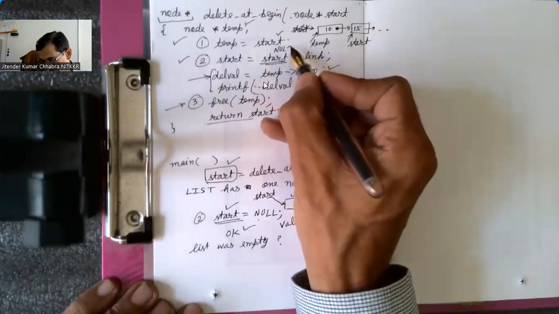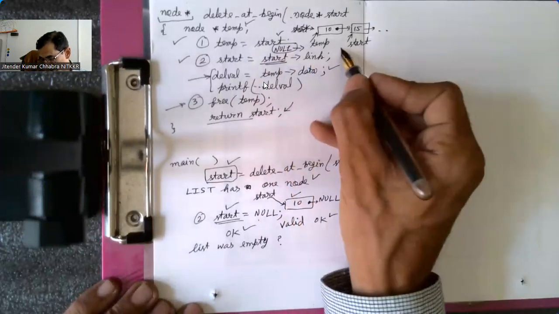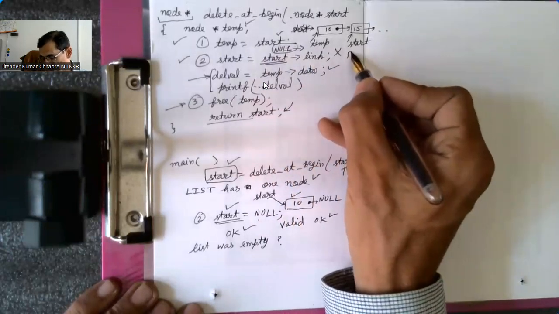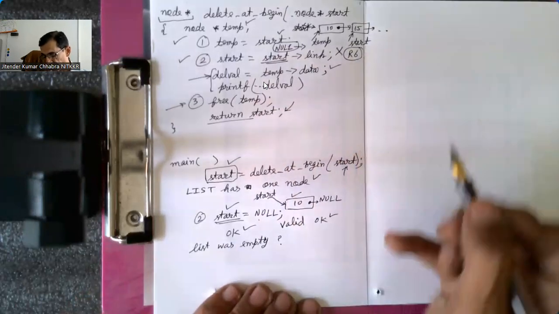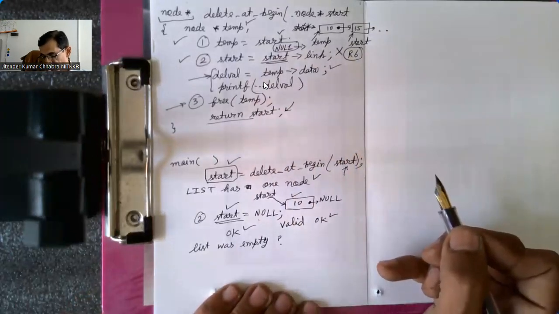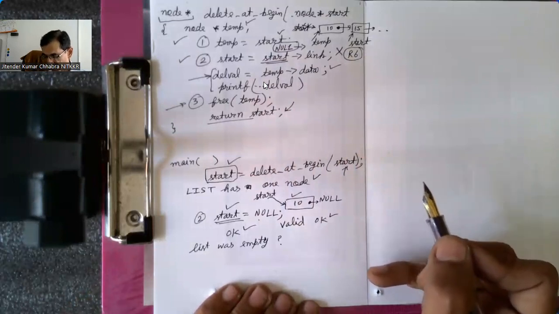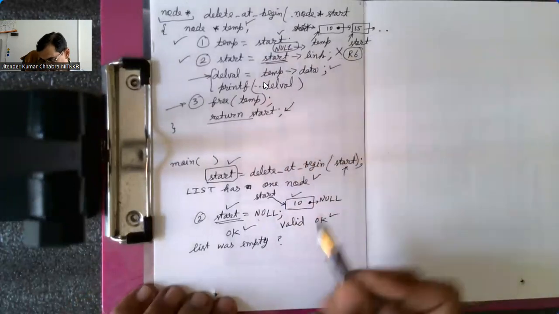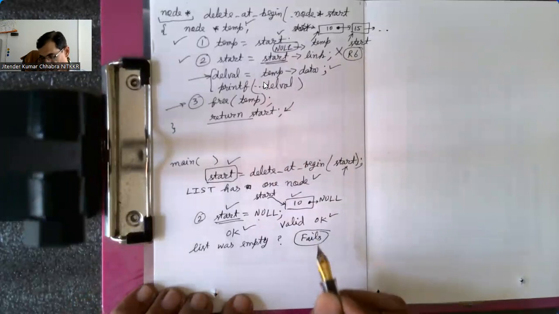If it is null, via null, if you try to access any field, this is going to crash. Rule R6 of my pointers will be violated: a pointer must point to a valid location whenever you want to see the value of any field pointed to by this pointer. So at this point, it will fail. Hence, for incorrect situations, this code is going to fail.